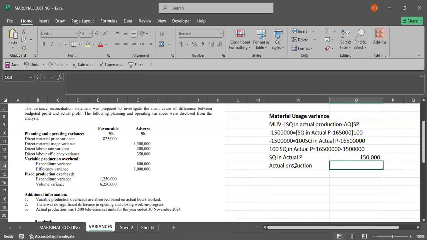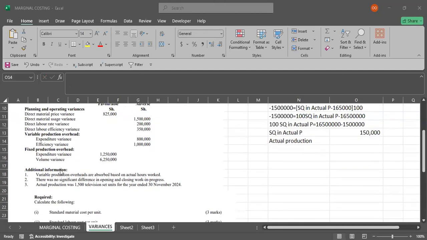Do we have something talking about actual production? Good. So actual production was given under additional information number 3. Actual production was 1,500 television set units, right?